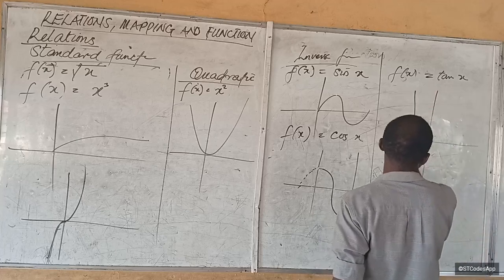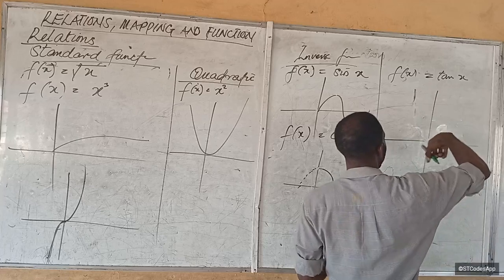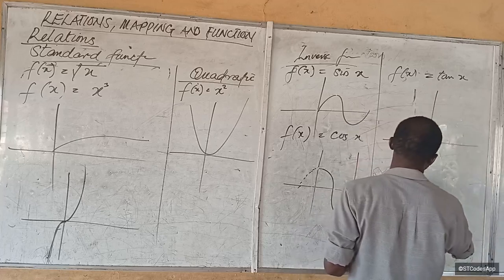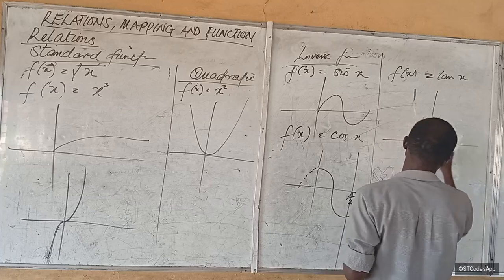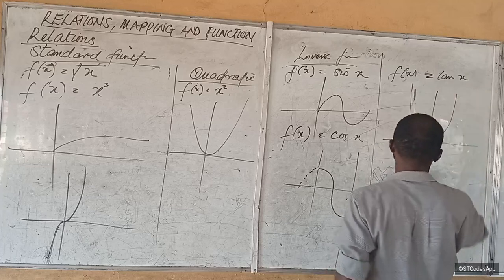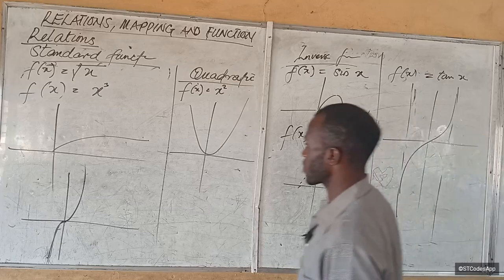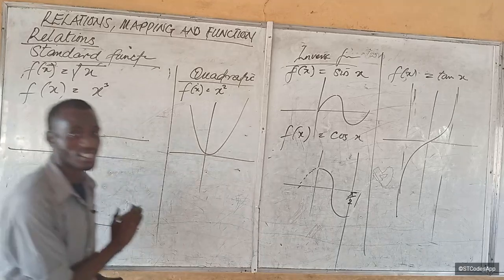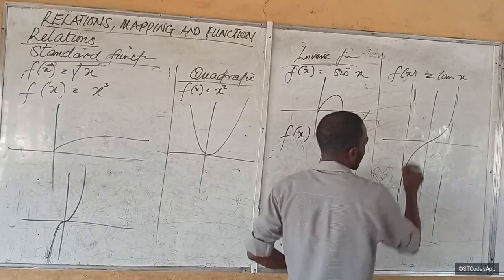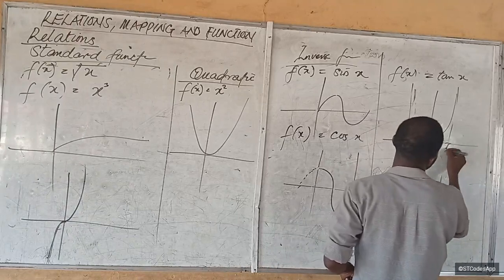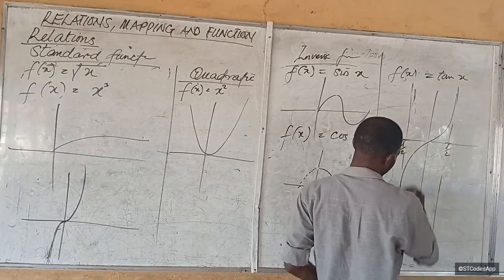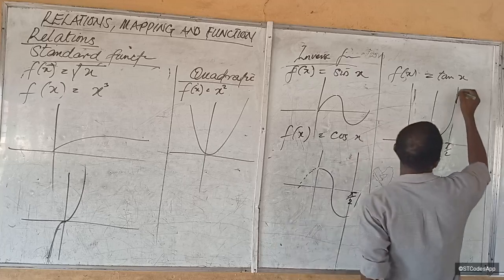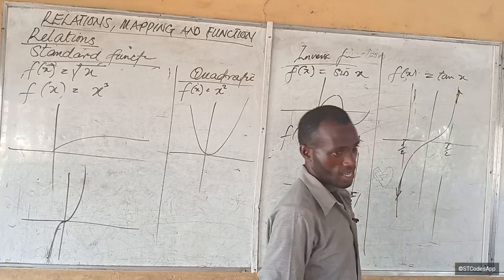It's going to go up. Yeah, something like this. Tan is like the cubic function, cubic graph. Only that cubic is closer to the y-axis. But here it is between negative pi over 2 and pi over 2, that's 90 degrees. It's going to go to infinity here and to infinity here. Do you remember?